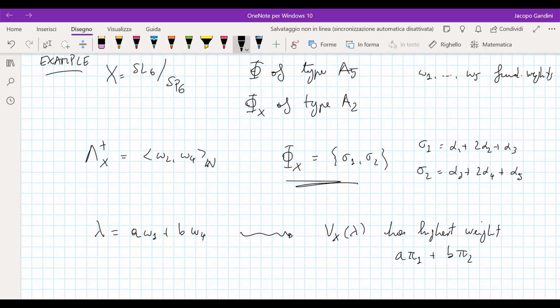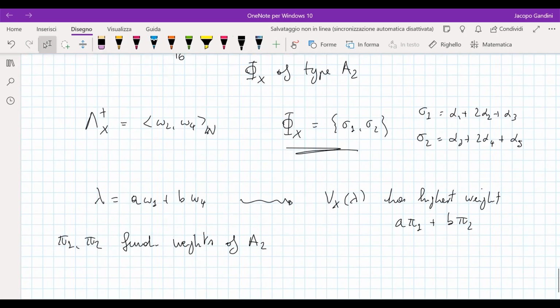So in this case, it's very simple. If pi 1 and pi 2 are the fundamental weights of A2, then the map is quite easy.